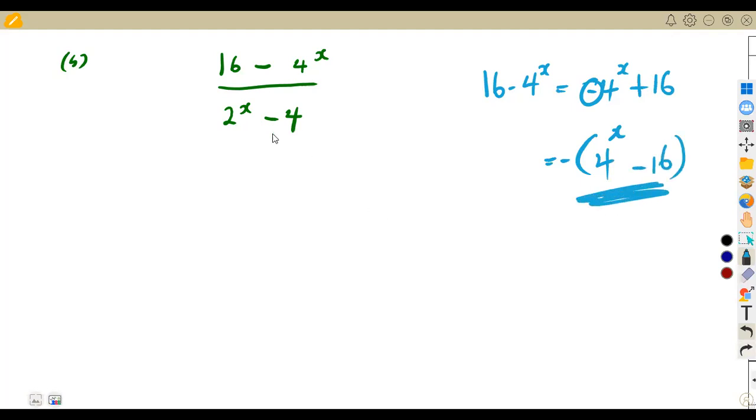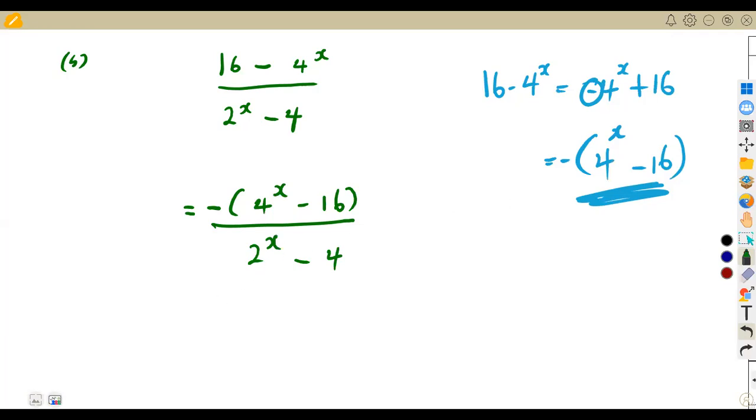Why write in this format? Already the other one, the 2 to the exponent of x, is a positive, having the part with a variable. So it's best for you to write these as positive values so that you do not struggle in your simplification. So we're going to have minus the bracket 4 to the exponent of x minus 16, like this, over 2 to the exponent of x minus 4, like this.